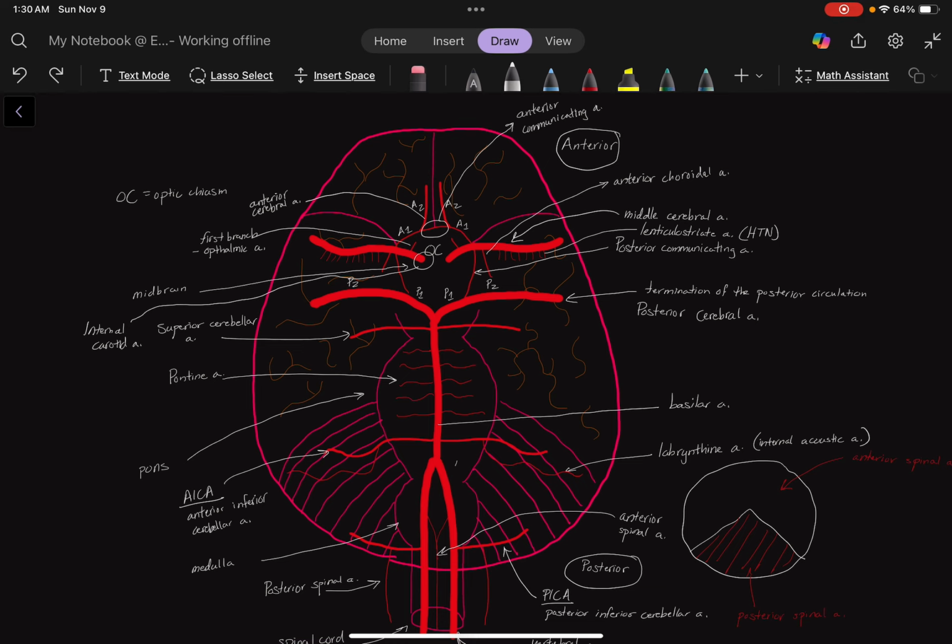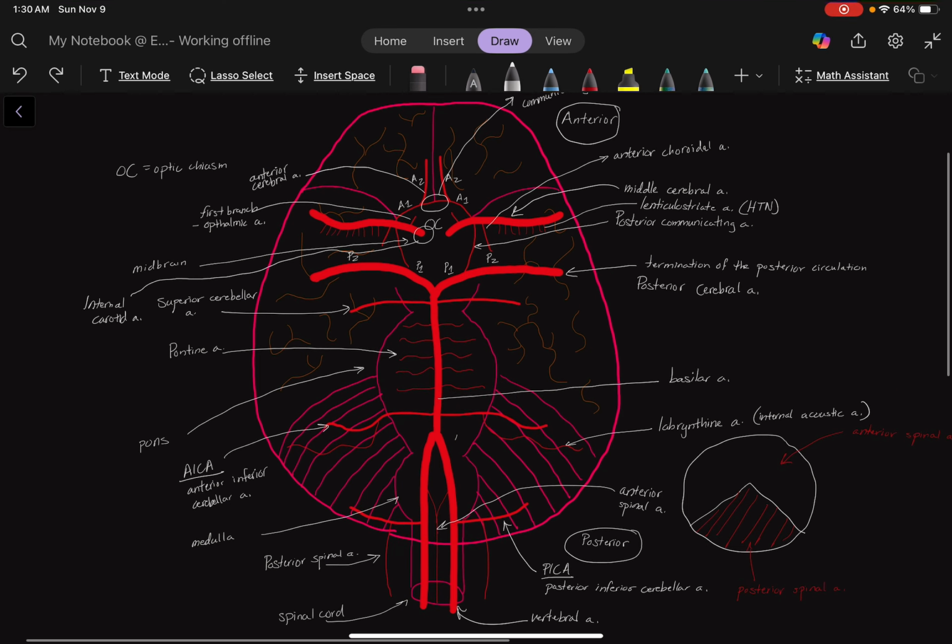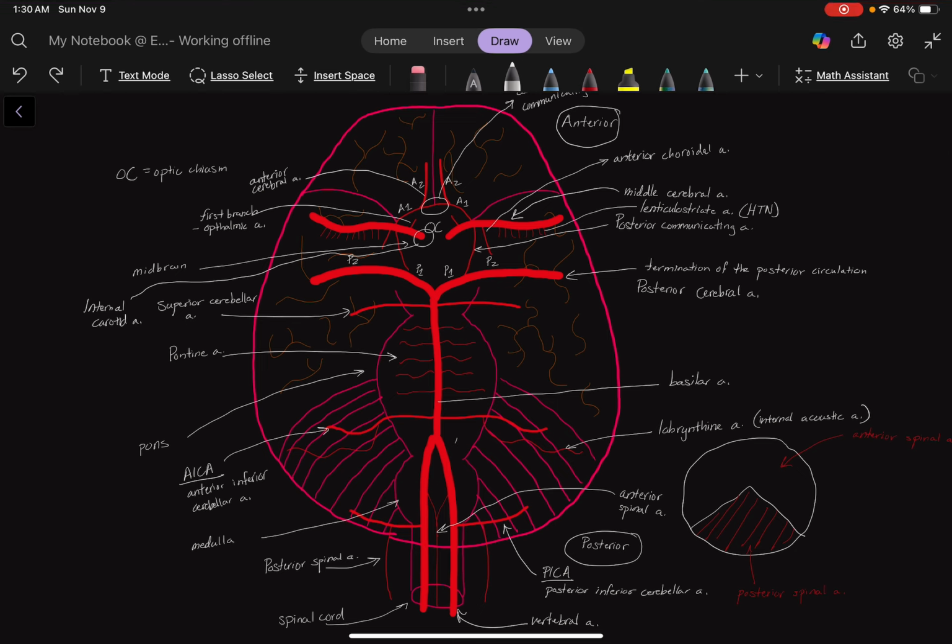Okay, and that essentially concludes all of the arteries. So after going through all of this, I just want to make it clear that the circle of Willis contains the ACA, so the anterior cerebral artery. It also contains the anterior communicating artery.